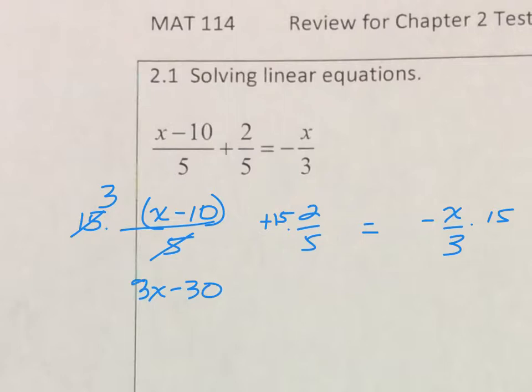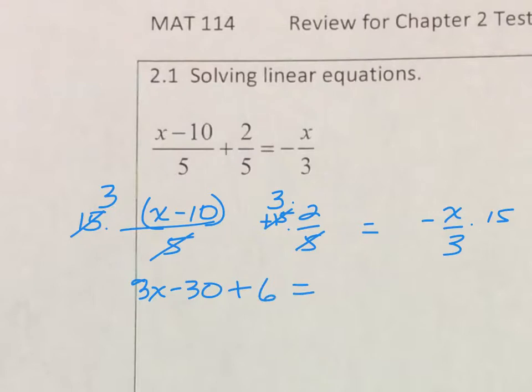Hey class, what's going to happen when I take 15 times 2/5? They said 5 is going to cancel with 15 and make 3, and then you got to take the 3 times the 2 and get 6.